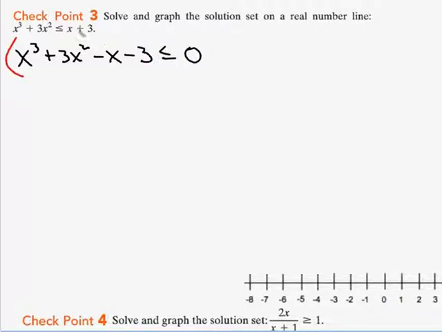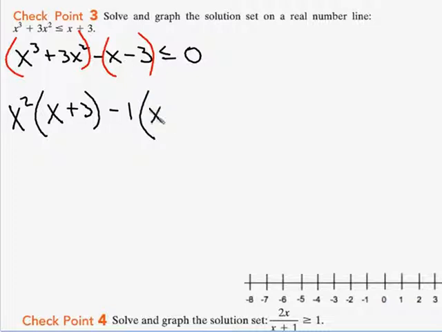4 terms, highest is a cube. We are going to think about groups. Let's pull the grouping out. First one we'll pull out as an x squared, leaving an x plus 3. Here we will factor out a negative 1, and that will change that sign also to an x plus 3. If it didn't, the factor by grouping would not work. So we have 2 terms.